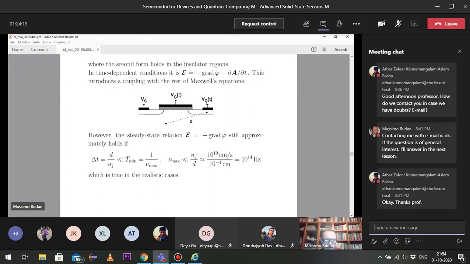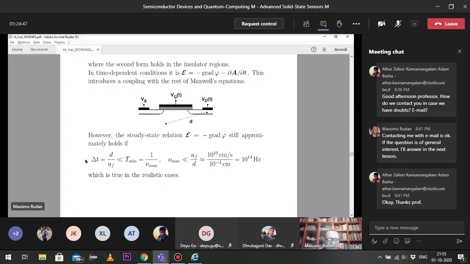That means that the internal point feels the change in the electromagnetic field before any significant change occurs at the contact. Okay, so this is a situation in which we can consider approximately a steady state condition, because the propagation is much, much faster than the change of the voltage at the contact.